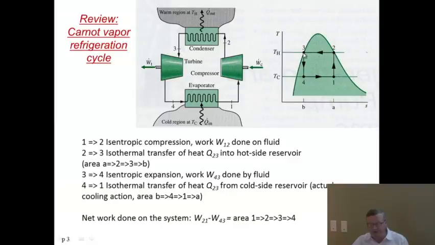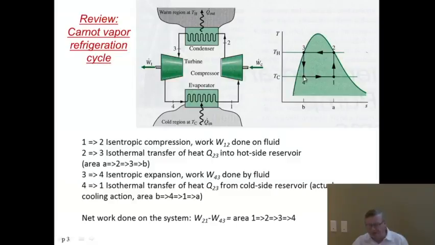Then 2 to 3 happens in the condenser, so you go from saturated vapor to saturated liquid in point number 3, isothermally, of course. Then you go through a second isentropic transformation, 3 to 4, in this particular case a turbine that gets work out. So now, again, we are at the point where we have a certain quality to the liquid-vapor mixture that we have, and this then is used.